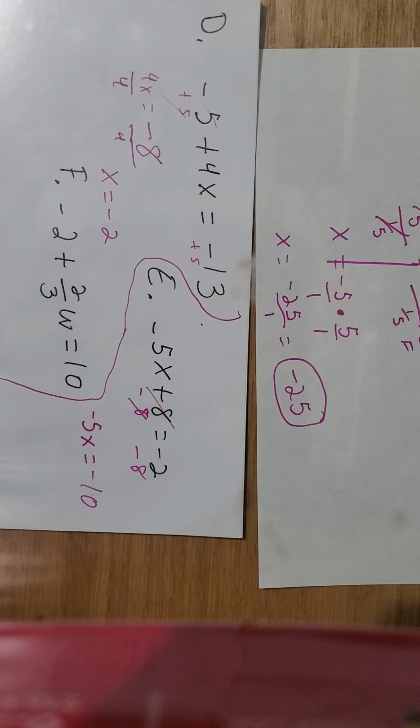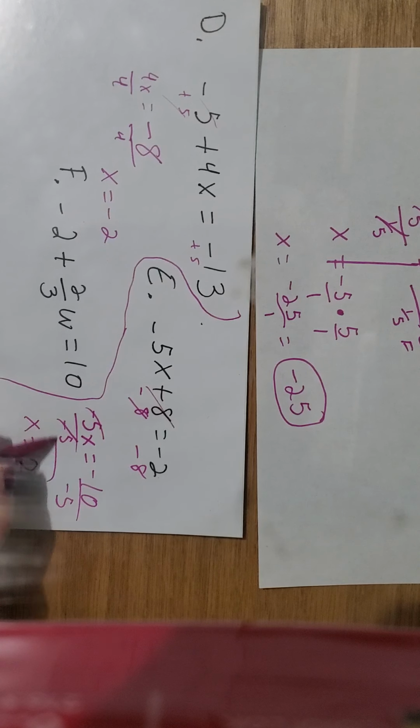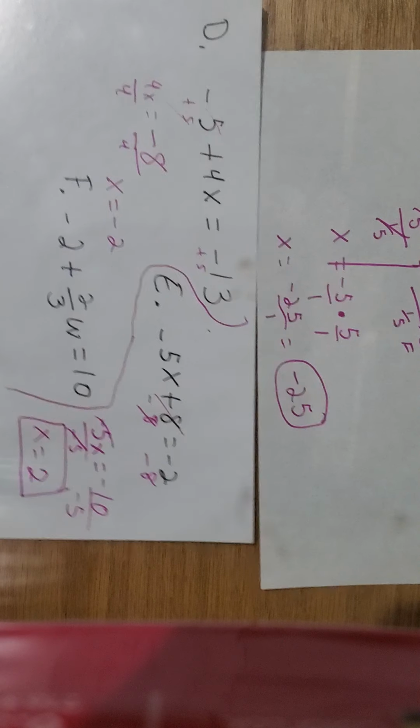Both of them are negative. Now you have multiplication, so the opposite is division. And again, I'm sorry I'm going fast. You can always go back and review these steps. So leaving you with x, negative divided by a negative equals a positive. So now I know that the answer is going to be positive. 10 divided by 5 equals 2, positive 2.